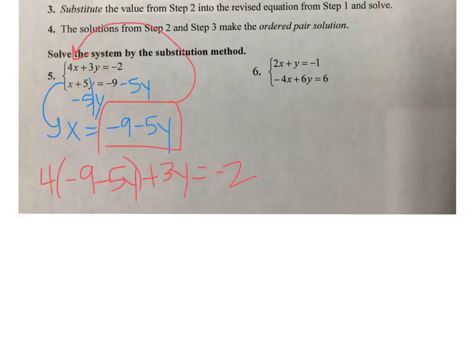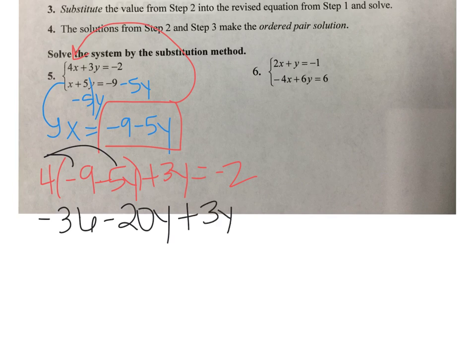So at this point, I'm going to go ahead and distribute and combine like terms, which is actually what Algebra 1 is doing right now. So we're going to distribute. We have -36 minus 20y. And I still have the plus 3y here, and I still have equals -2. Okay? So at this point, since I only have one variable now, I'll be able to find what my y coordinate is.